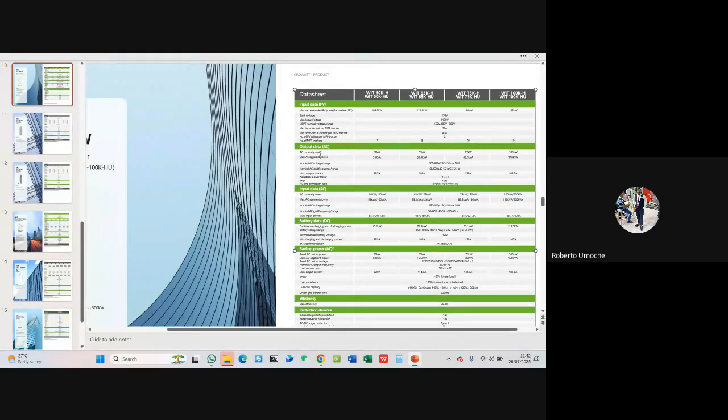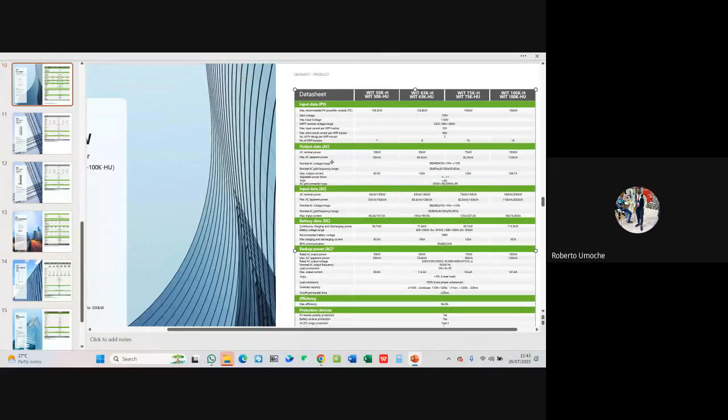So output data: maximum output power is 50 kilowatt because the power factor is 1, then 63 kilowatt, 75 kilowatt, and 100 kilowatt respectively. Maximum AC apparent power, if you want to do the rating in kVA, is 55 kVA, 69.3 kVA, 82.5 kVA, and then 110 kVA.